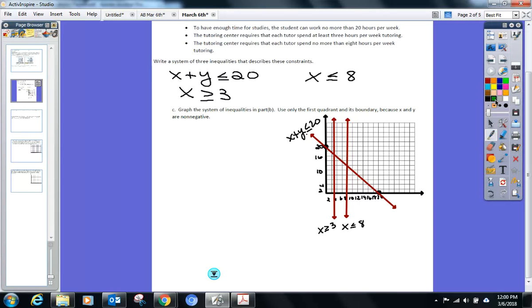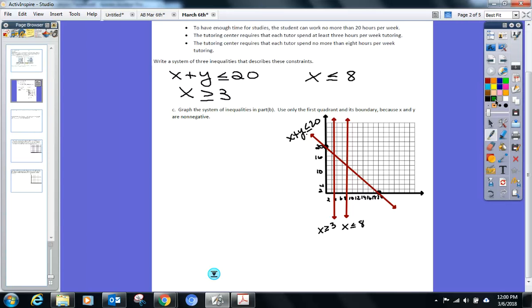After it, I like it. Figure out where we're shading now that we got the correct lines.